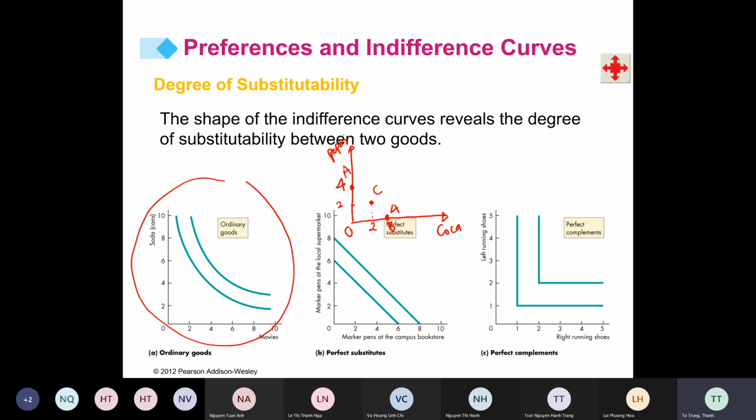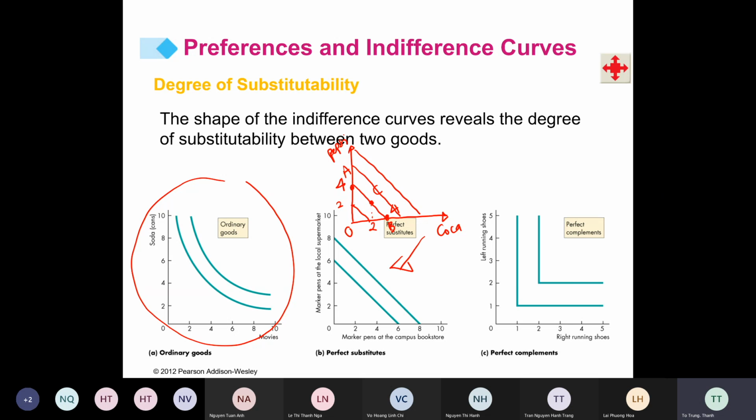So if you connect them together, what we have is an indifference curve, right? When we connect them together, we get a straight line, and the map of indifference curves is many parallel straight lines like this, right?